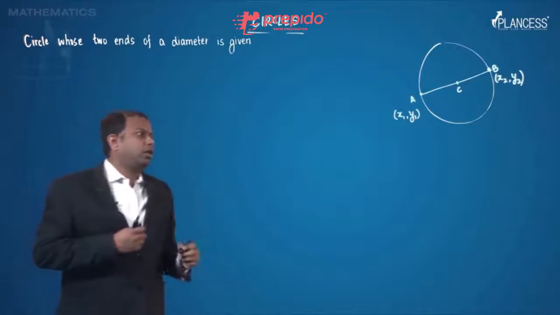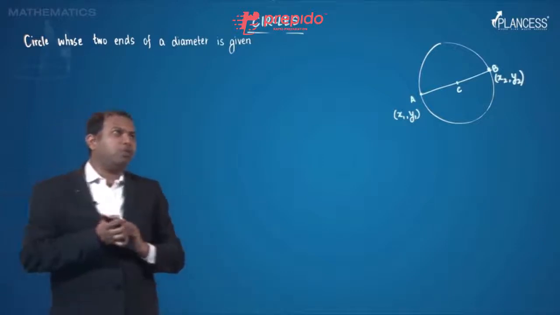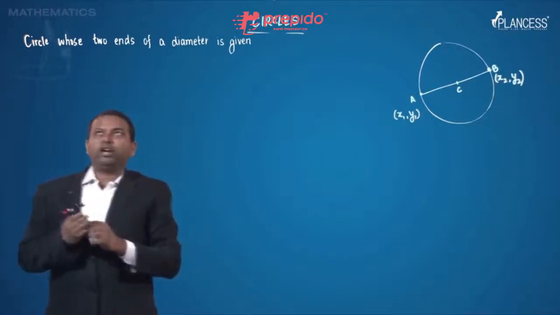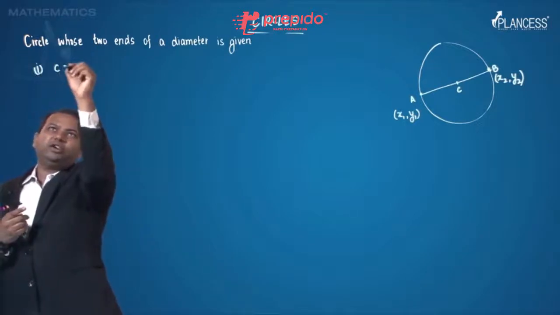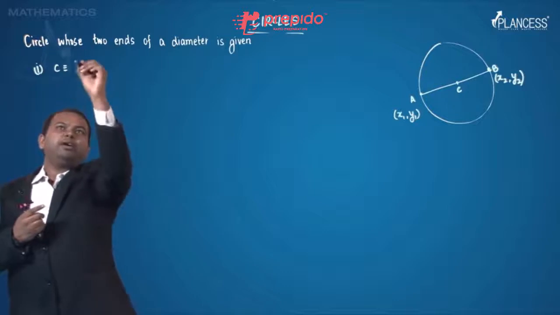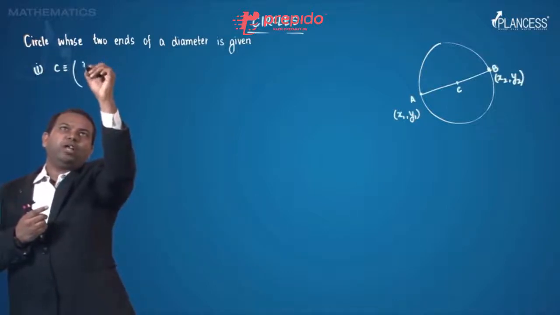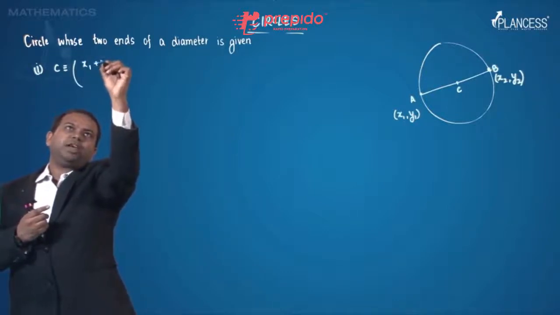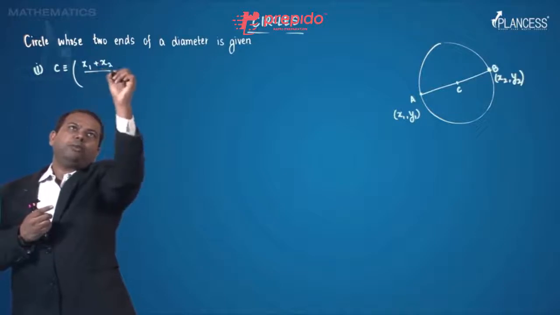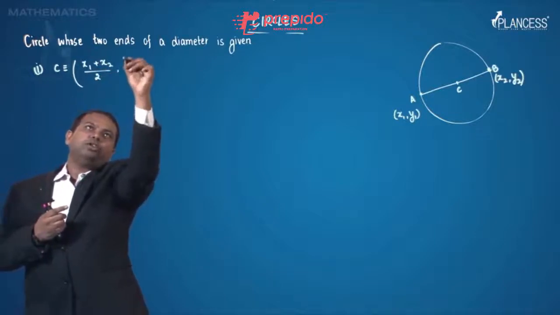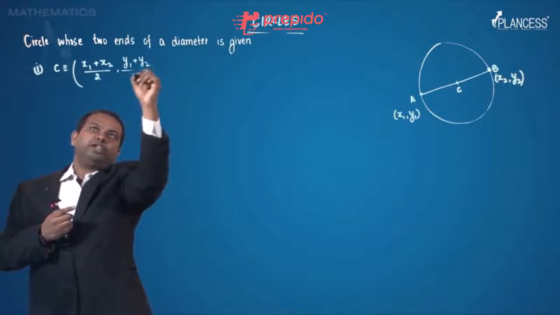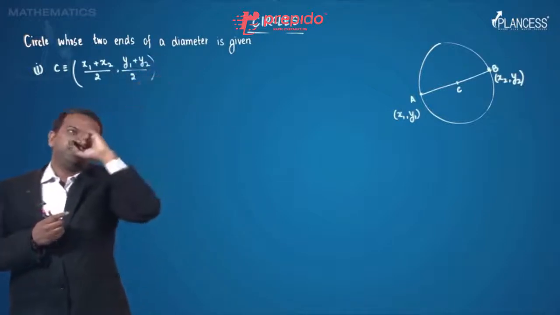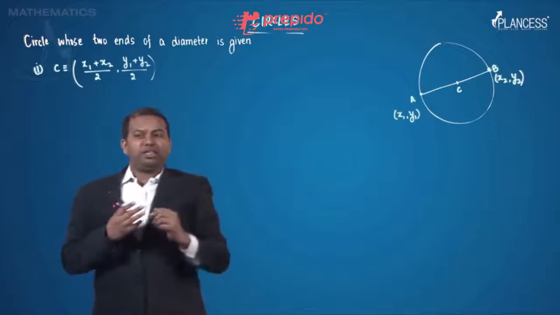So this will be our method 1. In method 1, first we calculate the center, which is given by the midpoint formula: x1 plus x2 by 2, comma y1 plus y2 by 2. This is the center. Now what will be the radius?